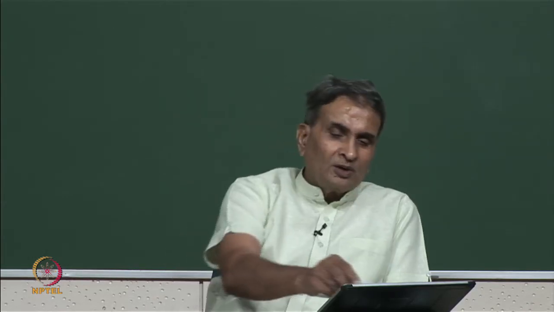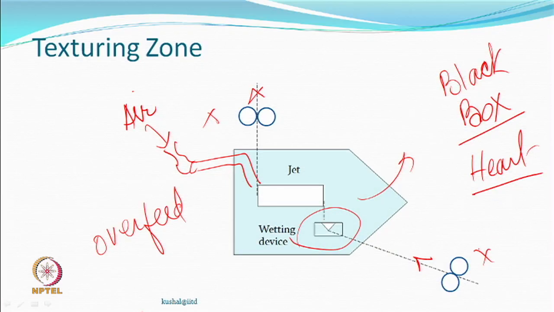So, this so called texturing zone has two sets of rollers where the overfeed can be done. You of course have an air jet, which is the main component responsible for whatever is happening to the yarn, and may have a supplementary component called a wetting device, and this whole thing is covered.